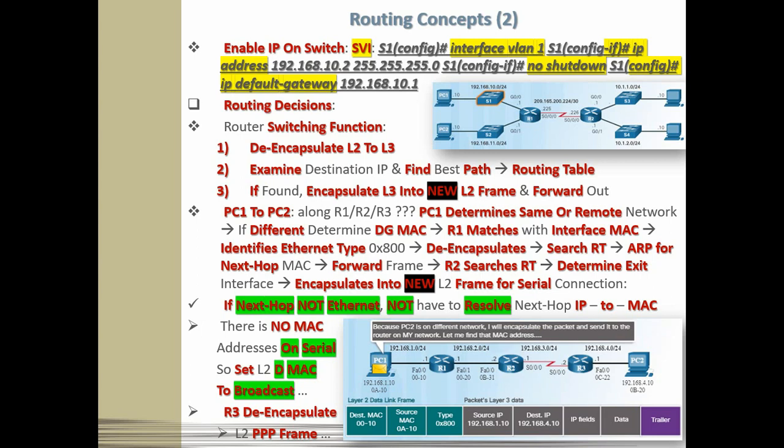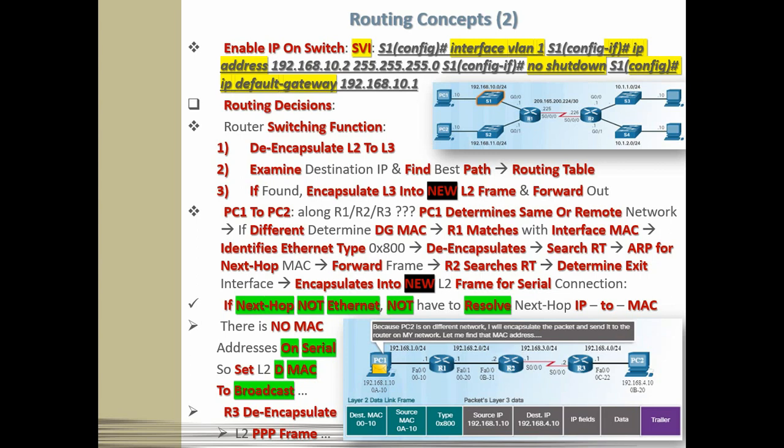With step 1, the router de-encapsulates the layer 2 frame header as well as the trailer. Why? In order to expose the layer 3 packet inside the layer 2 header and trailer. So de-encapsulating layer 2 to get to layer 3 is the first step of the router switching function.